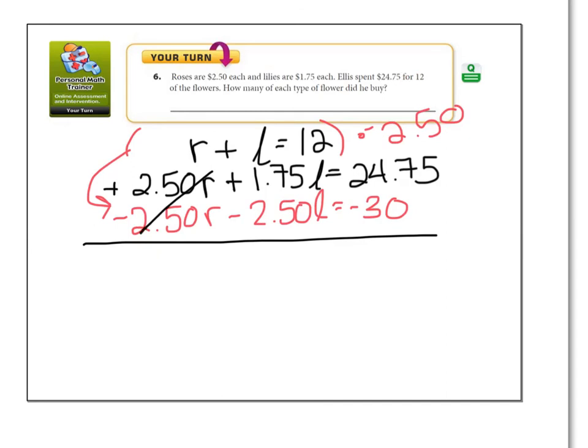Roses eliminate. 1.75 minus 2.5 is negative 0.75 L. And then the 24.75 added to a negative 30 is negative 5.25. Divide both sides by negative 0.75.